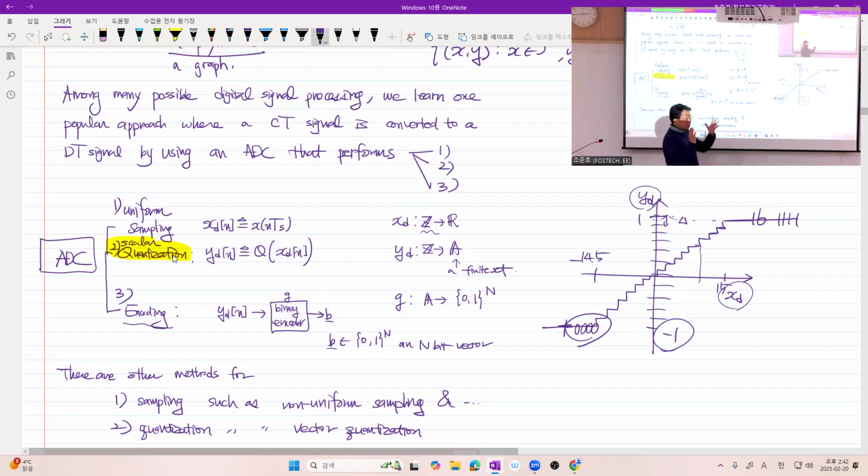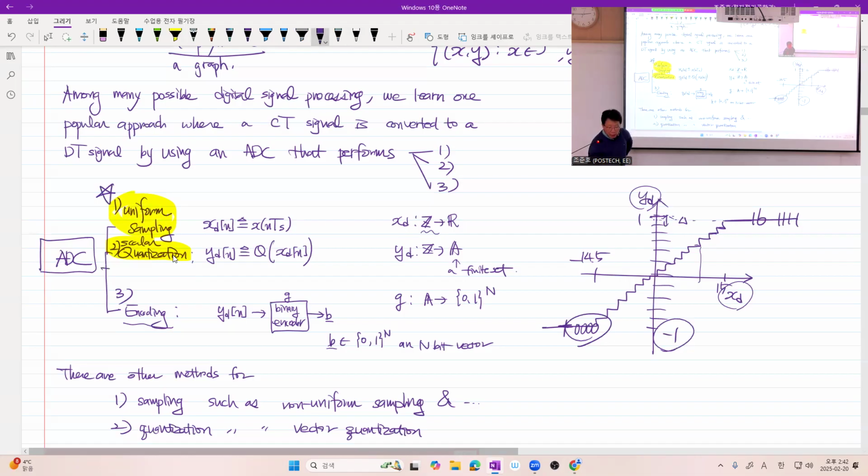An analog to digital converter is assumed when we obtain a digital signal from a continuous time signal in this course. And we are going to mathematically model the first step to the second step, so continuous time to discrete time. In most cases, we do not talk about this quantization and binary encoding. We will only talk about this uniformly sampled version of the continuous time signal. So this is the focus, okay?